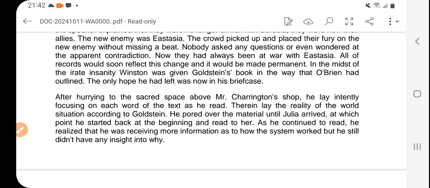So the new enemy is East Asia, and the crowd picked up and placed their fury on the new enemy without missing a beat. Now the common people are against East Asia. Nobody asked any question or even wondered at the apparent contradiction.